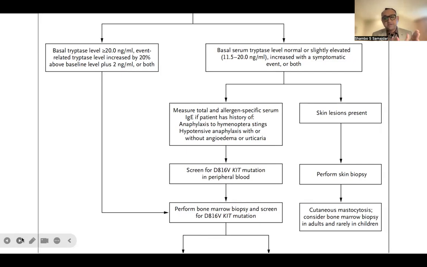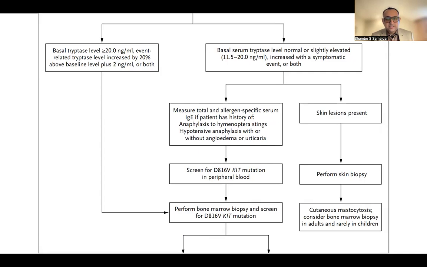There, if it is present, we need to do the bone marrow biopsy, and we need to screen for the KIT mutation. We need to advise them to do that. But if the basal serum tryptase level, as we had mentioned, is normal or slightly elevated, increased with a symptomatic event, at that time we need to determine whether it is mast cell activation syndrome or not due to allergy.